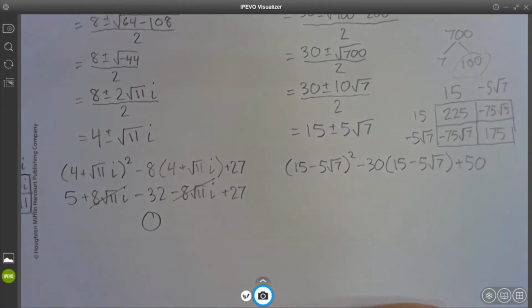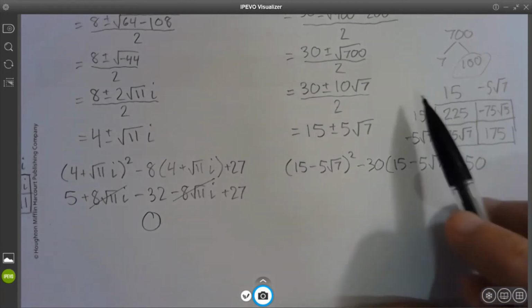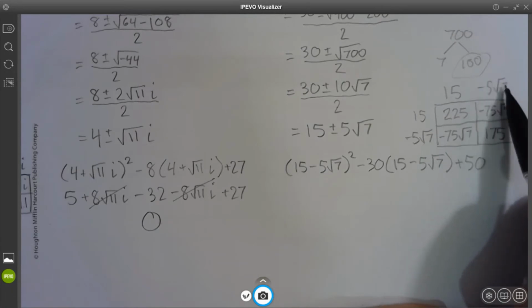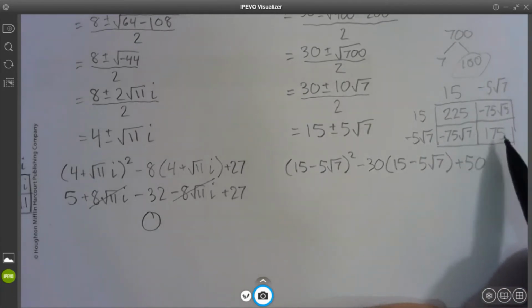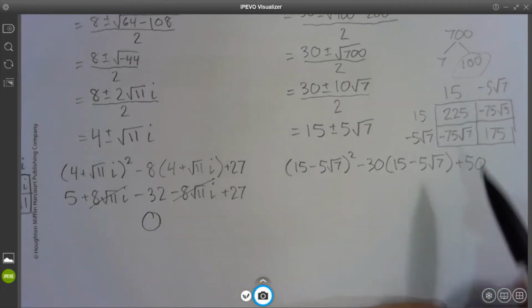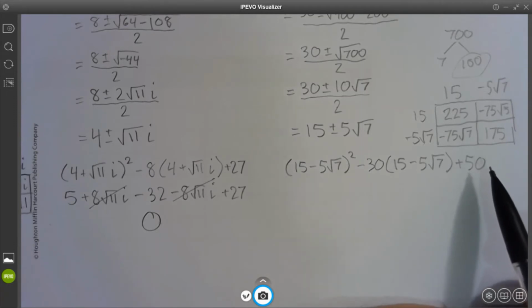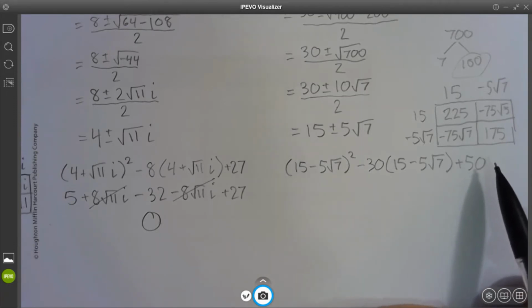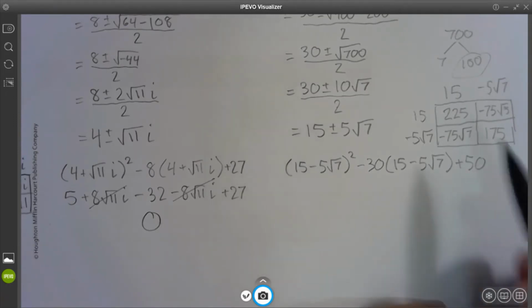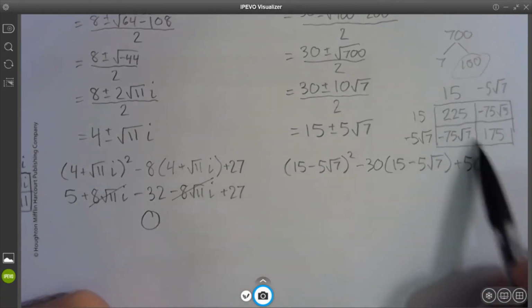Yeah, that's right. 25 times 7 is 175. And again, that's 5 times root 7 times root 7, 175. So, well, it will be very obvious very soon if I got my math wrong, because then it won't add up to 0. So let's go ahead and add these together.